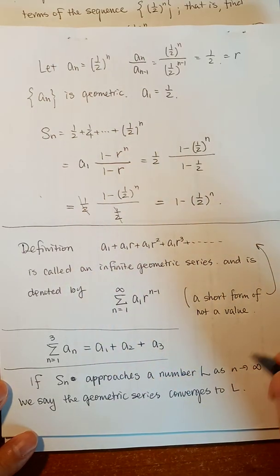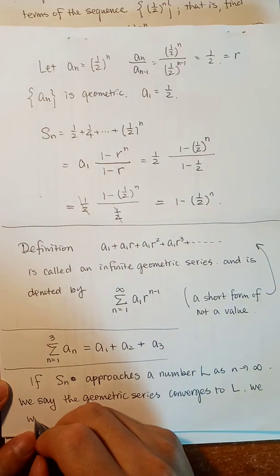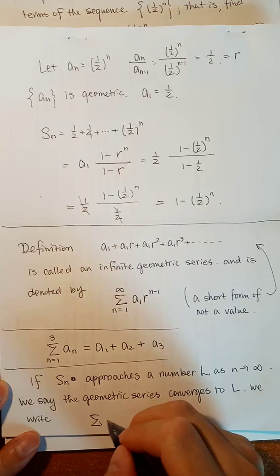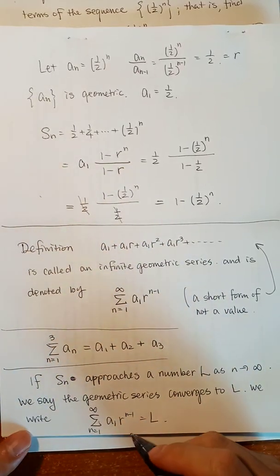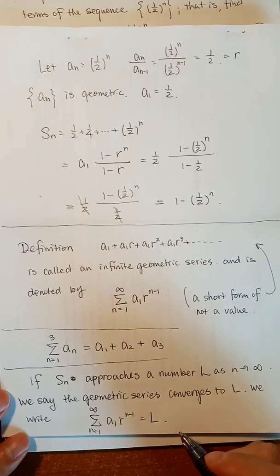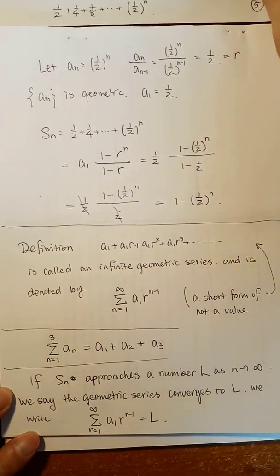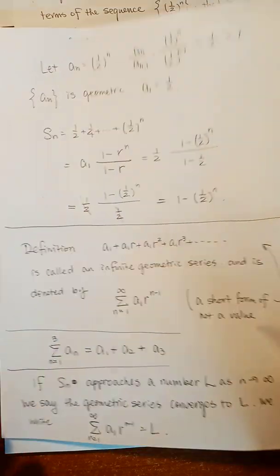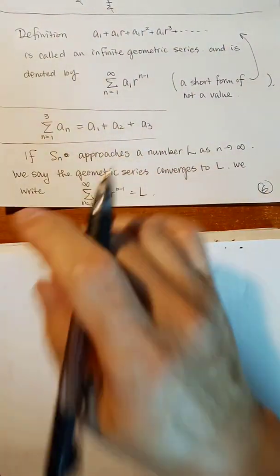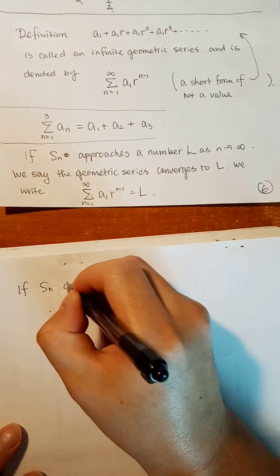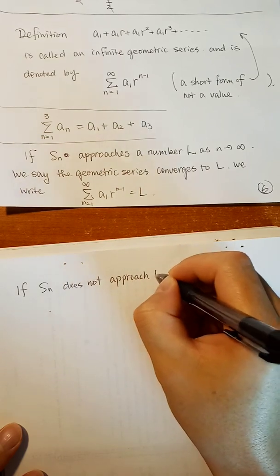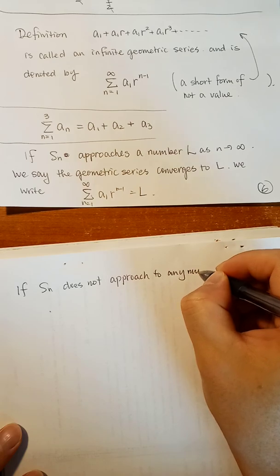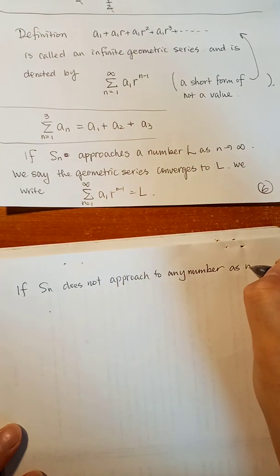Okay, and we write the sum, the infinite series, is equal to this number. Otherwise, it diverges. Otherwise means if Sn does not approach any number as n approaches infinity.